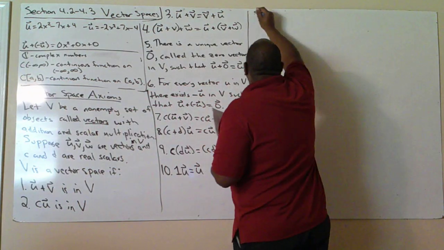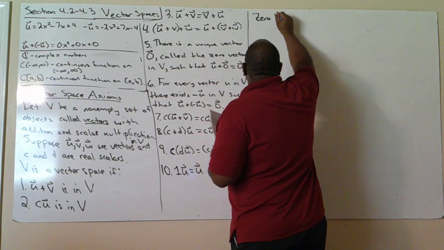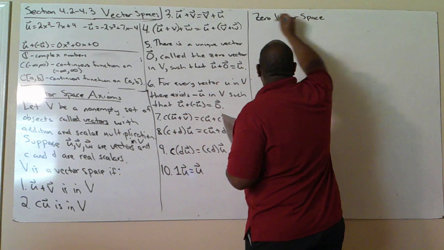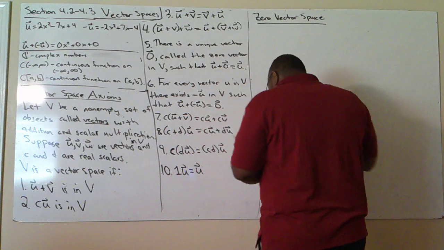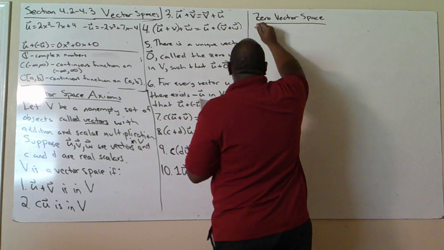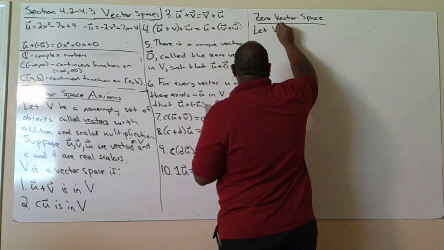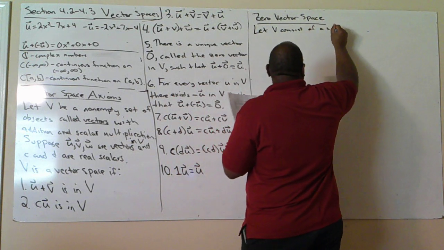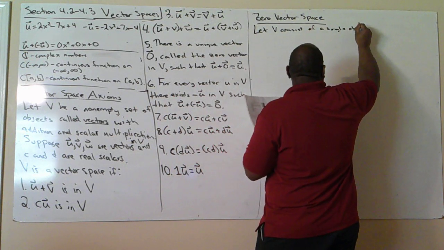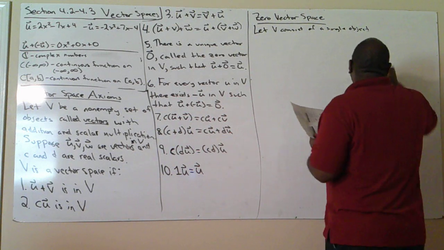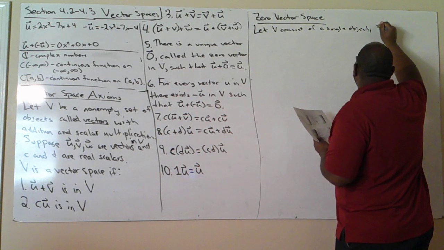So we're going to talk about the zero vector space, which is the smallest vector space that we have. Zero vector space. So let V consist of a single object, which we denote as the zero vector.